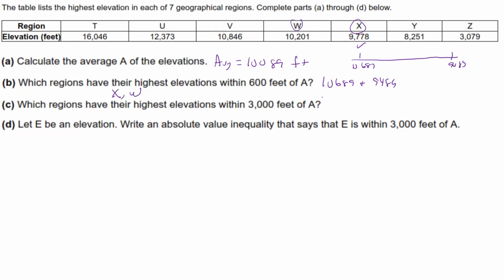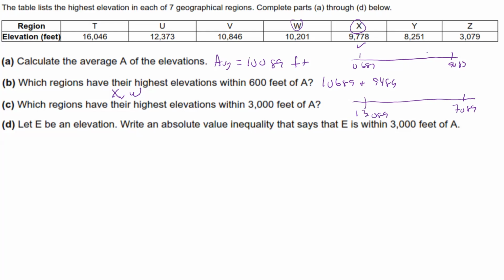Now, which ones are within 3,000 feet? So for 3,000 feet, we just have to change what we add. So it's going to go from 7,089, and if we take 10,089 plus 3,000, that's going to be 13,089.